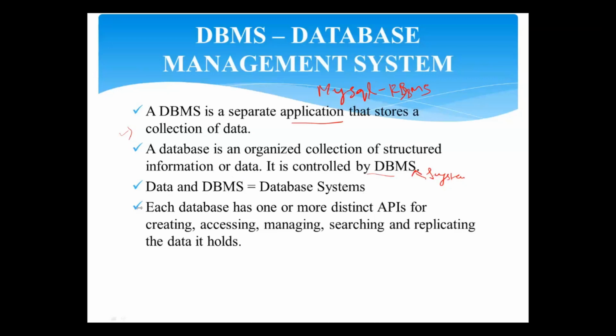Each database can have one or more distinct APIs for creating, accessing, managing, searching and duplicating. What they are saying is there are different types of databases available, like MySQL, which we are seeing as a relational database. There are also distributed databases or object oriented databases.